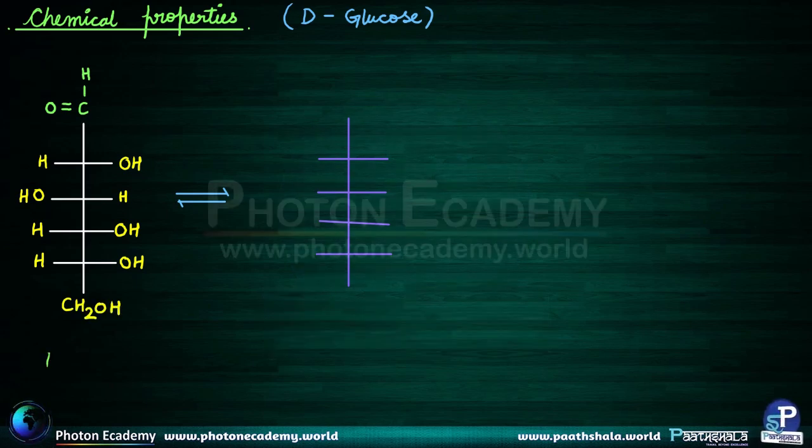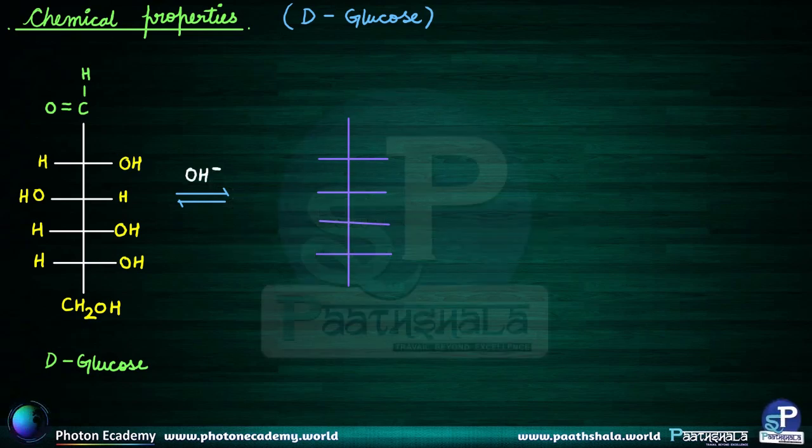Now, what this glucose does is when we place this glucose in a basic medium. So, what is a basic medium? It is the presence of OH negative ions in the medium. So, when this glucose is placed in a basic medium, it tautomerizes. So, what are we going to learn?